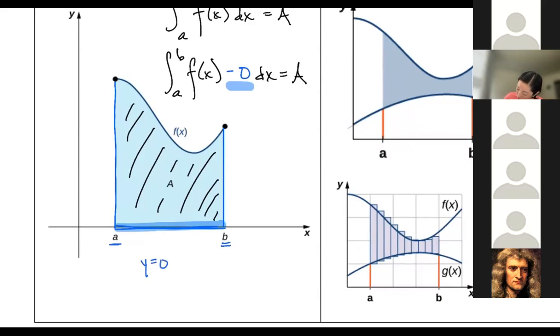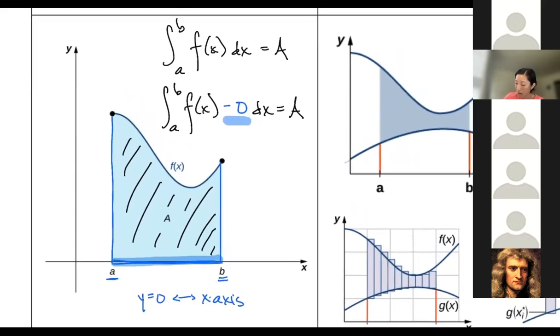Y equals 0 is another name for the line along the x-axis, okay? And so when we say y equals 0, that's this 0 that we've secretly been subtracting this whole time. But since it's 0, we never had to write it here, okay?